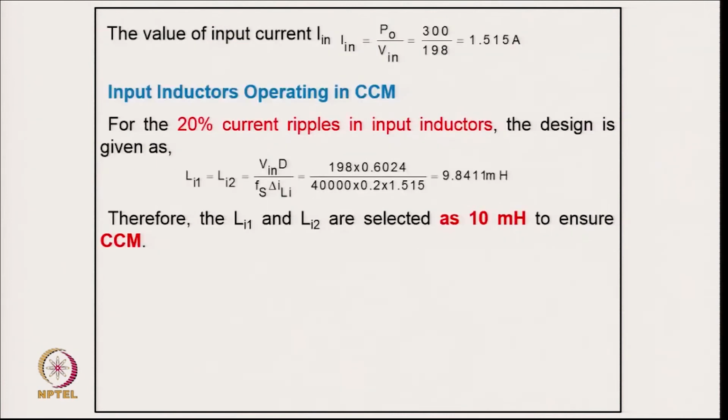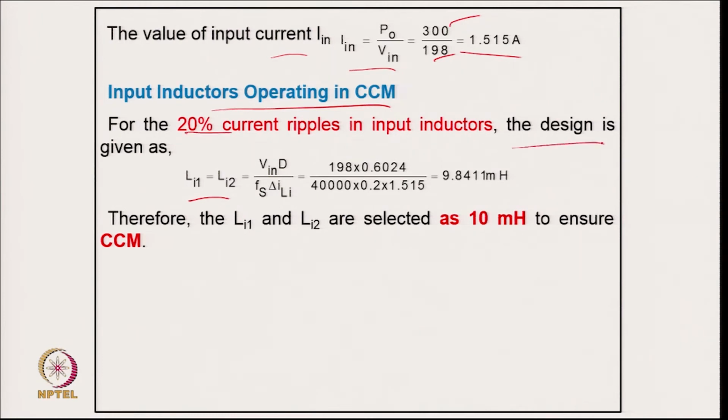Now, coming to the average input current, from the total power divided by the average input voltage, it comes to 1.15 ampere. And now we can calculate the input inductor operating in CCM. Both input inductors are identical because both are operating in the positive and negative half cycle.